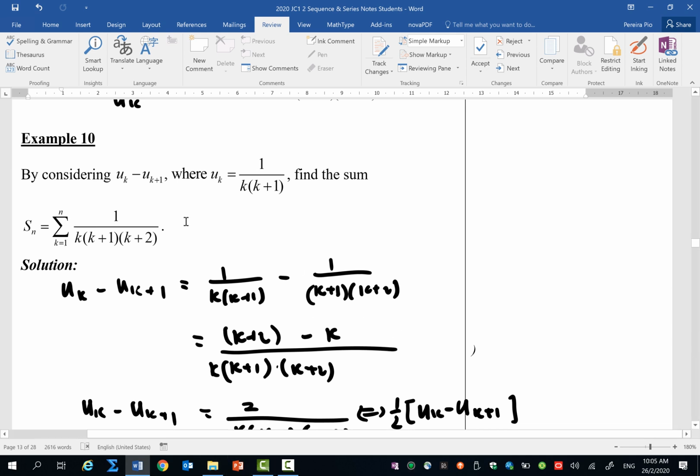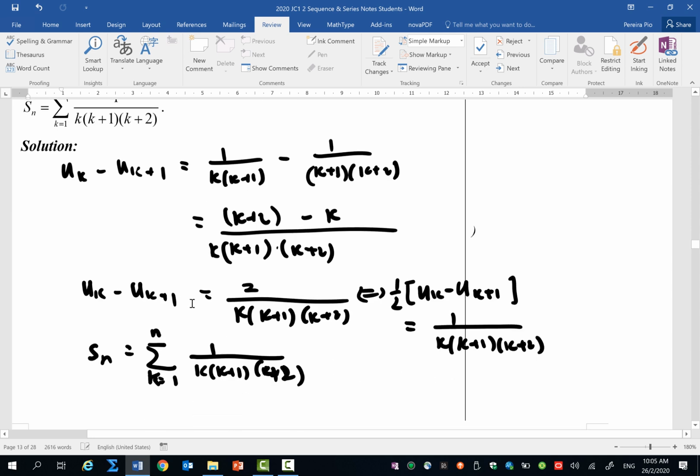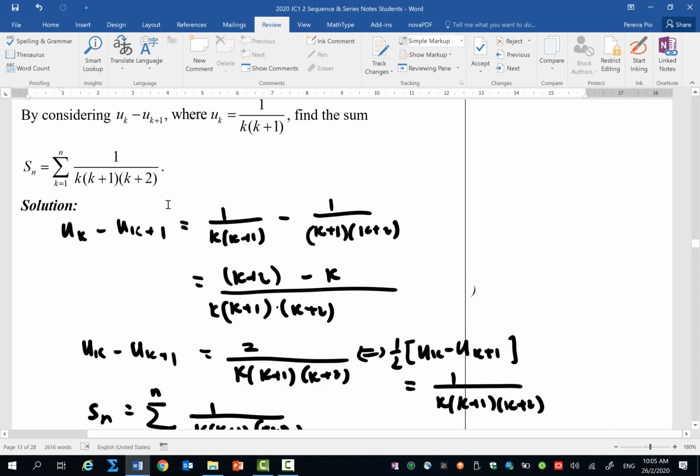We already found that UK minus UK plus 1 is equal to 2 over k plus 1, k plus 2. Because the term inside here is 1 over k plus 1, k times k plus 2, I divided both sides of this equation by half so that these two are equal.